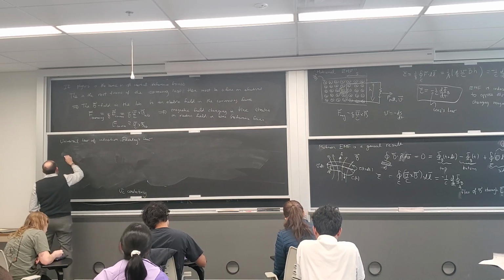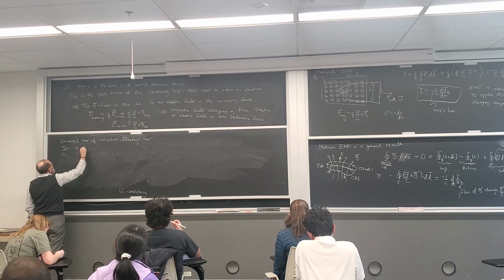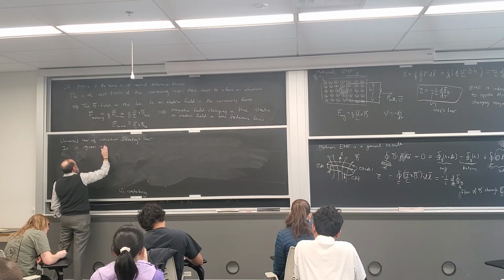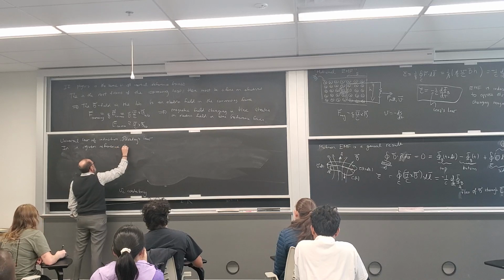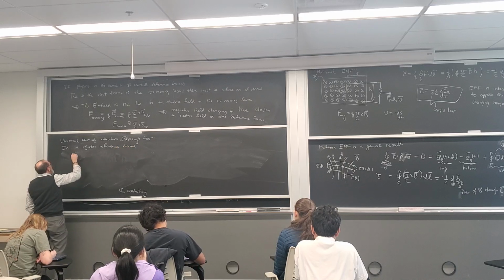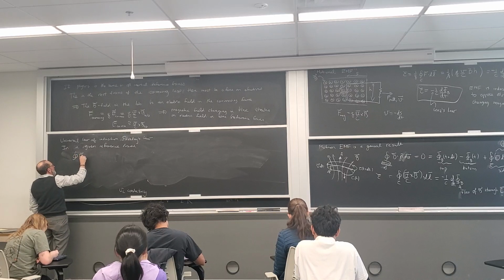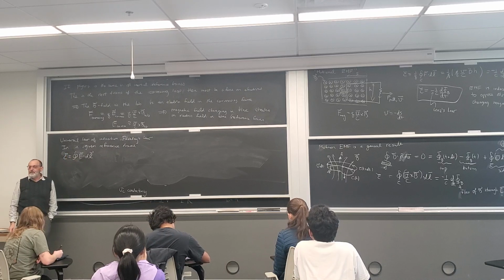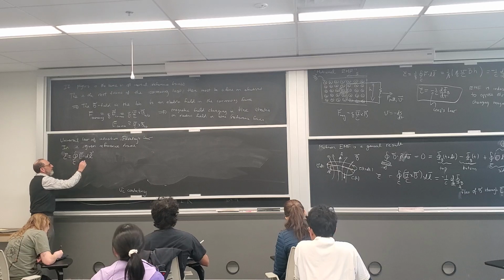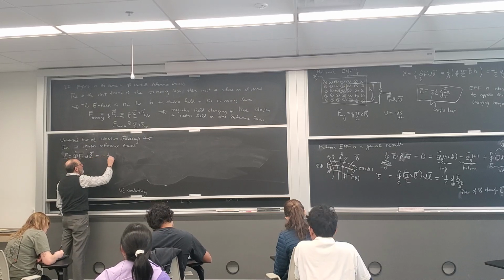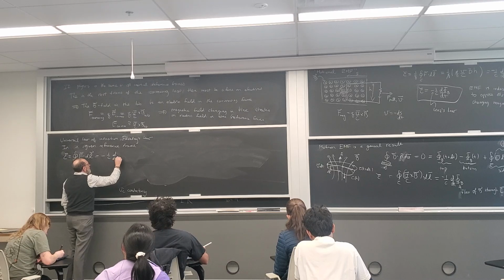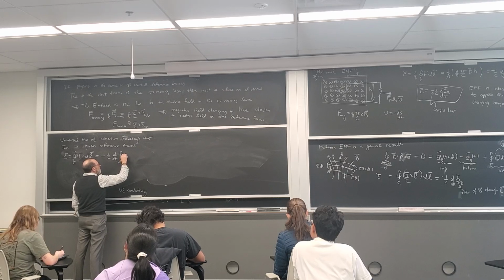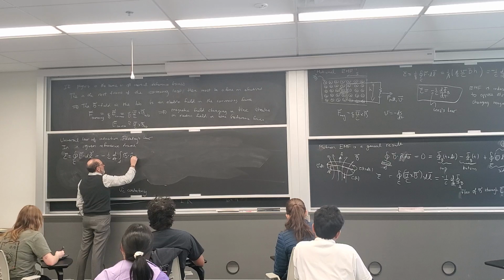says the following: in a given reference frame, the EMF is equal to what this is, which is equal to minus 1 over c d by dt of the flux of the magnetic field through the surface enclosed by the loop.